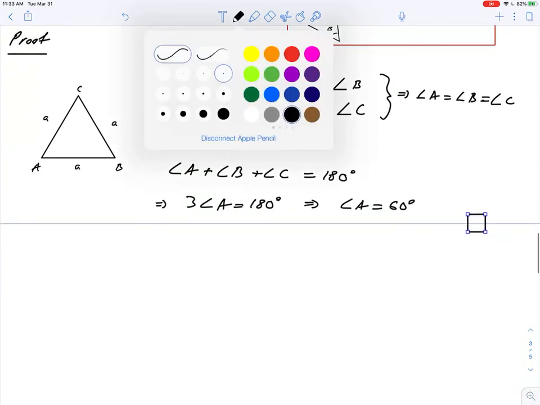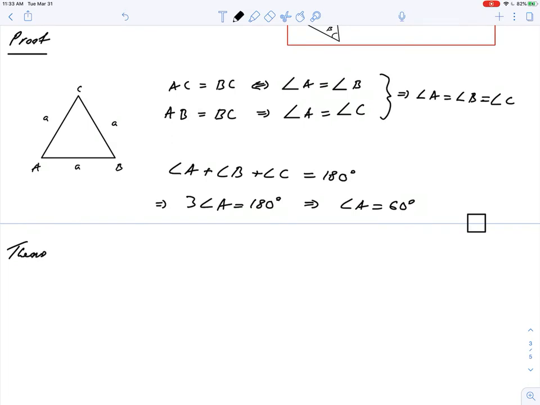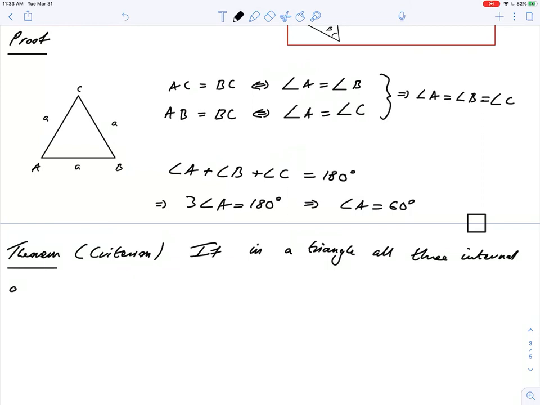Unsurprisingly, this works in reverse. So theorem, this is really a criterion. In a triangle, if all 3 internal angles are equal, then it is equilateral.